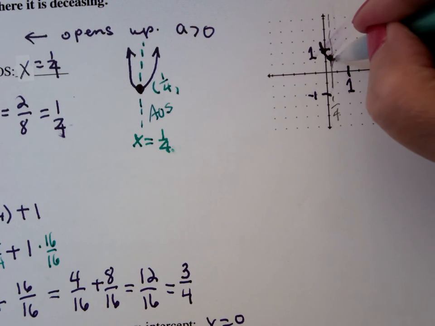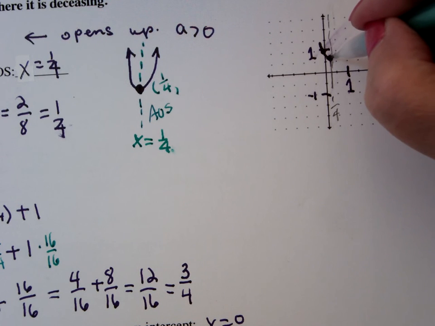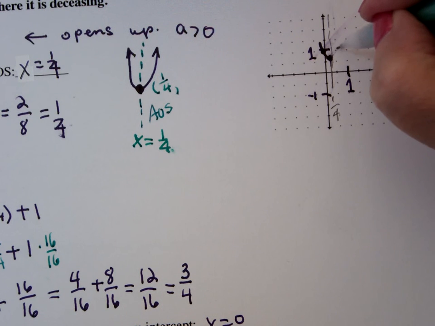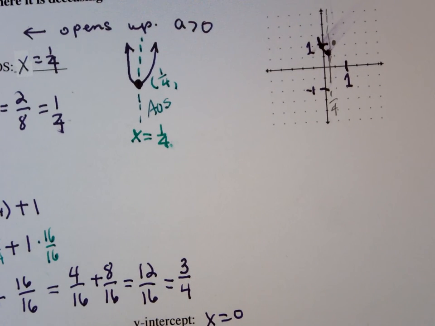That says in order to go from 1/4 to 0, I went how many units? 1/4, right? So that says that his mate is 1/4 over and 1 up. There's the other point. The other point is (1/2, 1), using symmetry.